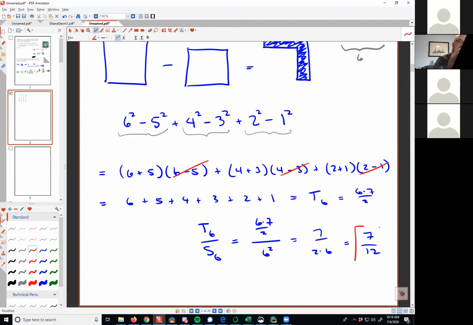And again, we see that computation with a triangular number and a square number, which allows us to do a little bit of canceling before we finish our computation.